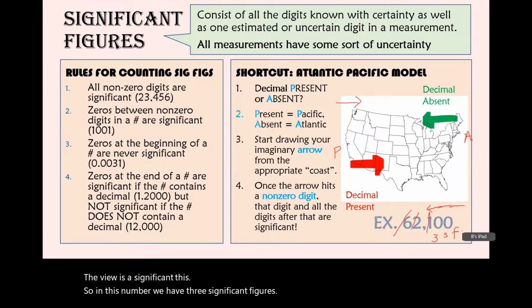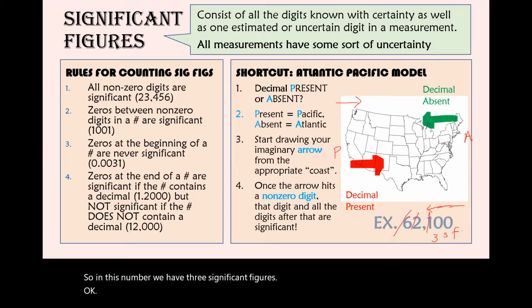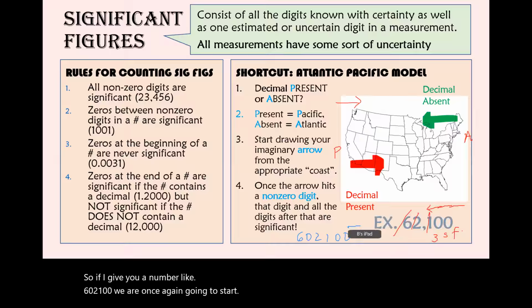By the way, remember that the moment you hit the first non-zero digit, you're going to count everything after that. So if I give you a number like 602,100, we are once again going to start from the Atlantic side because there's no decimal. Do not count the first 0. Do not count the second 0. Keep moving. And we start counting when we hit the first non-zero digit.